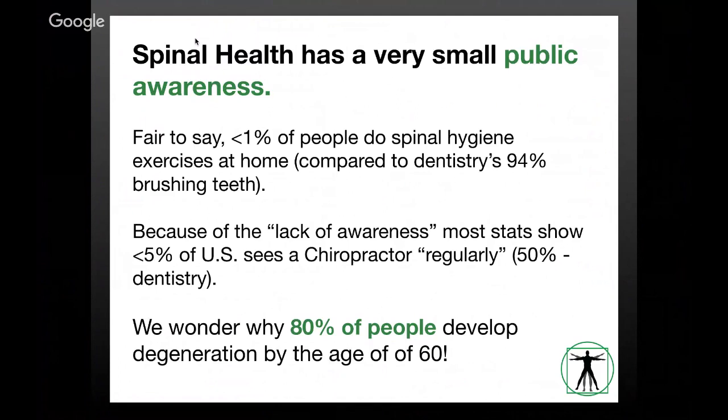Now compare that to dentistry. 50% of people have a dentist to take care of their teeth, but less than 5% of the population has a chiropractor to take care of their spine. Is that smart? Absolutely not. We wonder why over 80% of people in our country will have spinal degeneration, degenerative disc disease, osteoarthritis of the spine by the age of 60. No wonder.